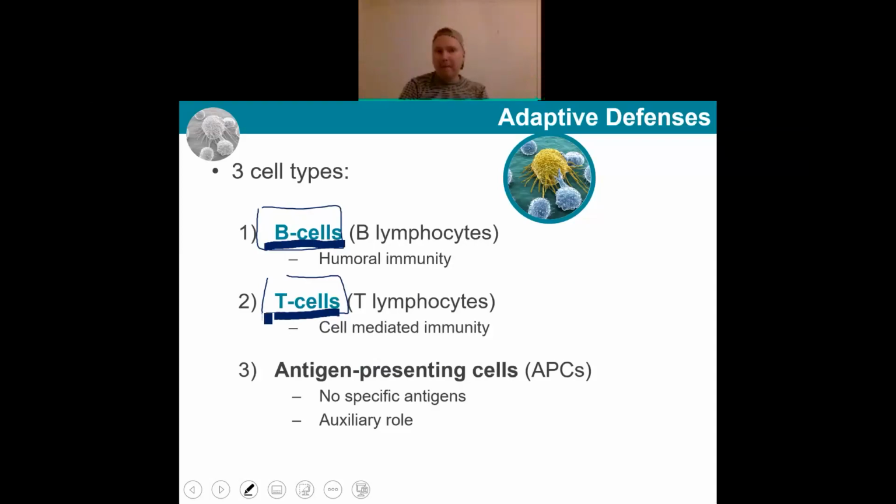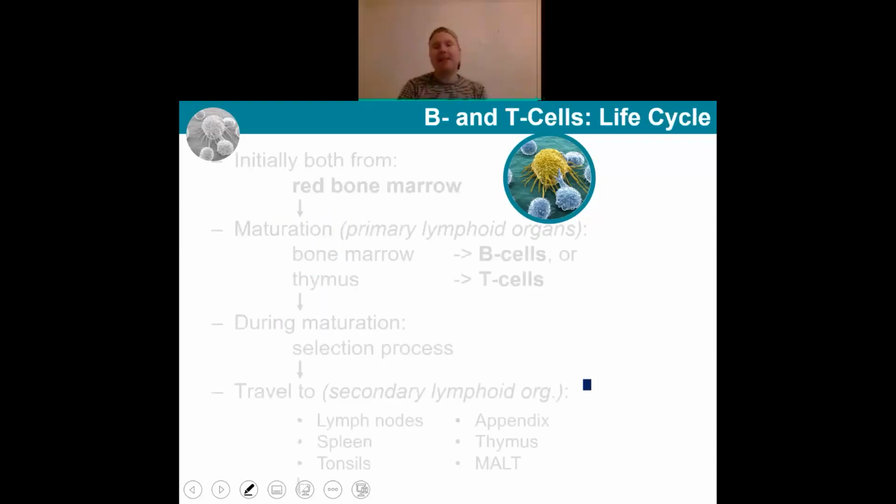And remember that the B cells matured at the bone marrow, T cells matured at the thymus. We have a third kind of cell group that we'll talk a little bit more about at the very end. But how B cells and T cells work and what happens throughout their entire life, let's go through that together.